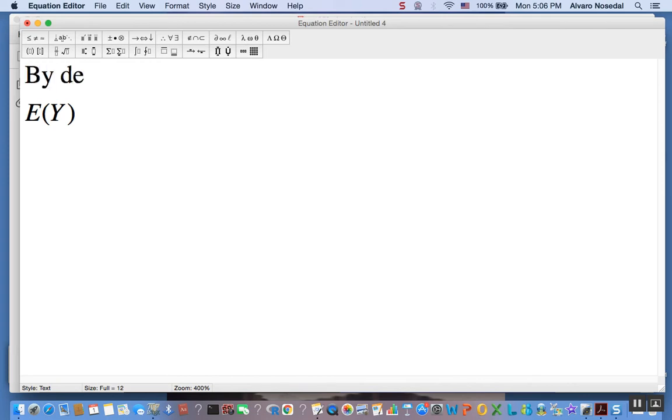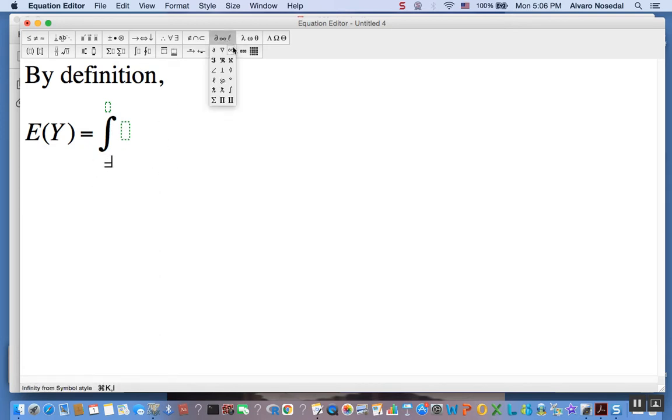By definition, the expected value of a continuous random variable, in general, is going to look something like this: the integral from negative infinity to infinity of y times the PDF. That's just by definition.